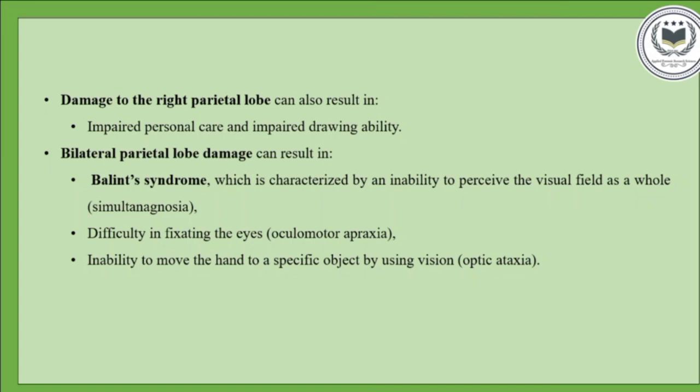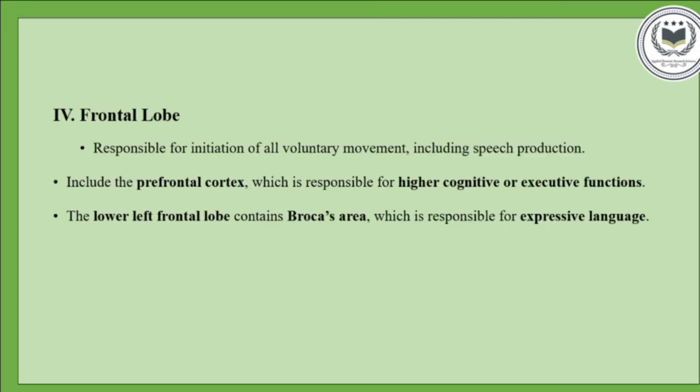Next, bilateral parietal lobe damage can result in Balint syndrome, which is characterized by an inability to perceive the visual field as a whole, difficulty in fixing the eyes, and inability to move the hands to a specific object by using vision.